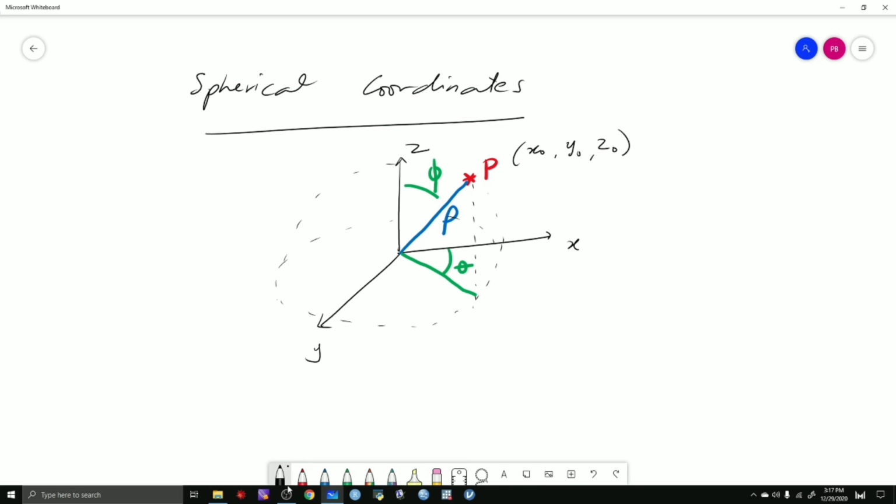So let us now discuss the parameters. The domain of the parameters: theta is between 0 and 2 pi. Phi is between 0 and pi.